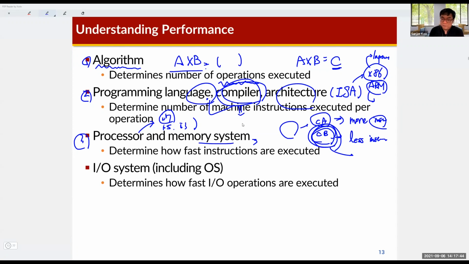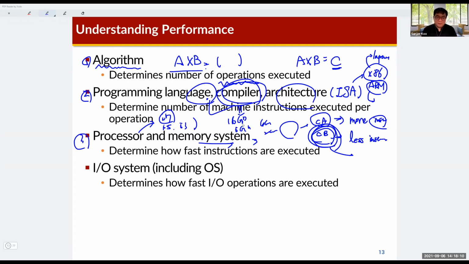And for the memory system, we can equip 16 gigabytes, 8 gigabytes, 4 gigabytes, or 2 gigabytes. If we invest in more memory, so a larger memory in our computer system, then we expect that the performance of this computer will be faster.